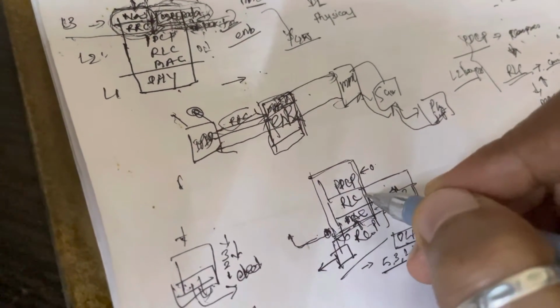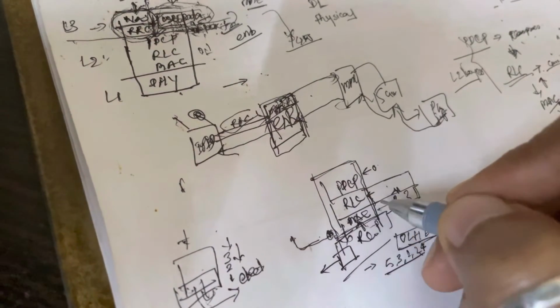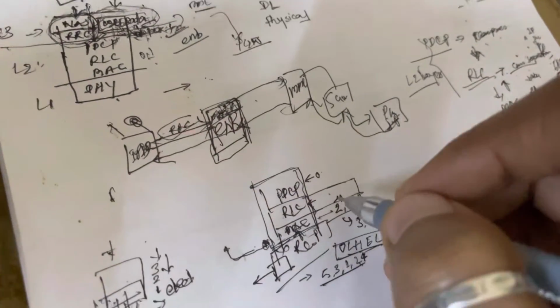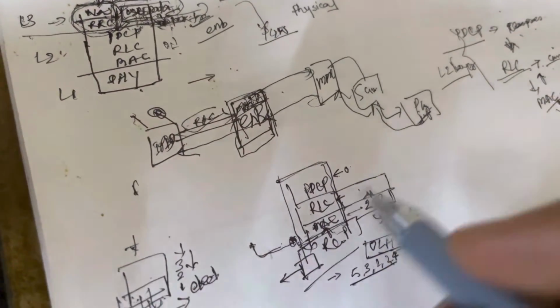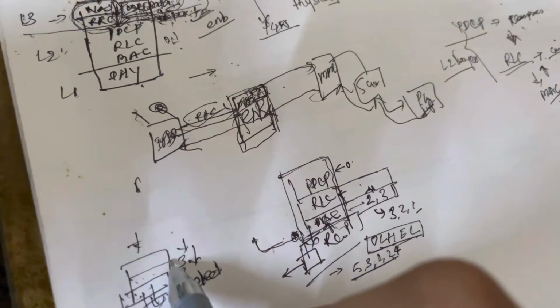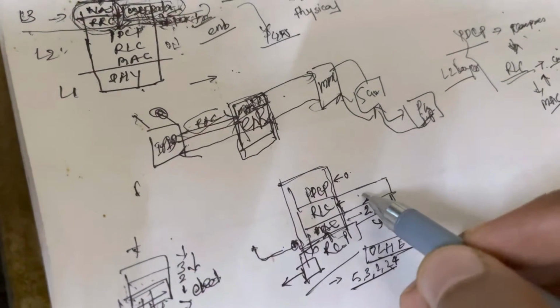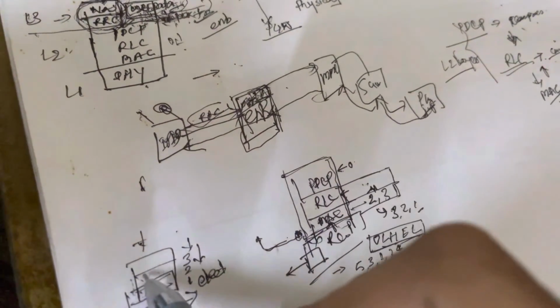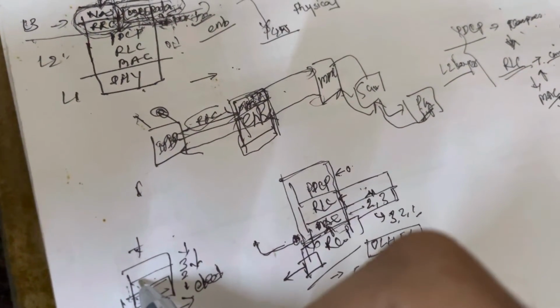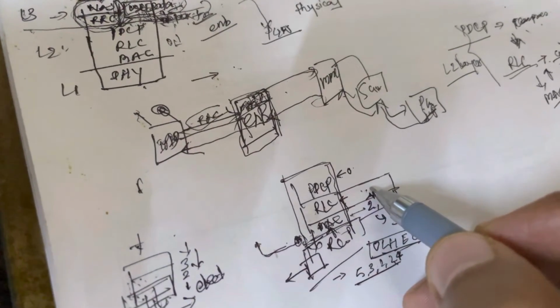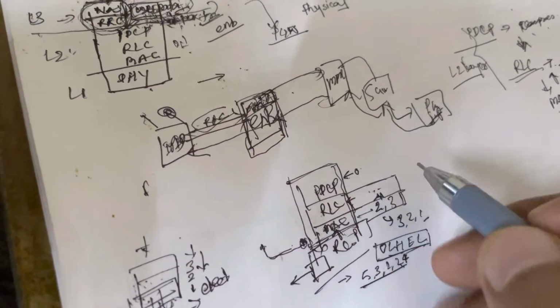So it will first decode the headers. If RLC on the sender side performed concatenation, then here it will perform segmentation. If there it performed segmentation, then here it will perform concatenation, right?